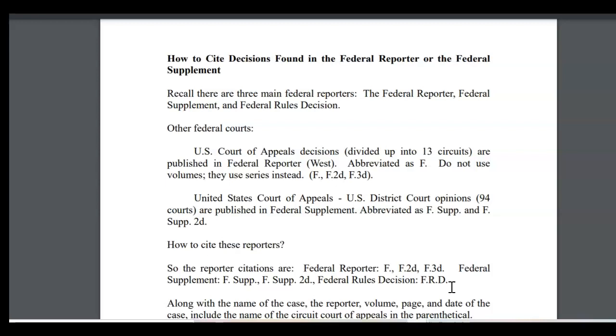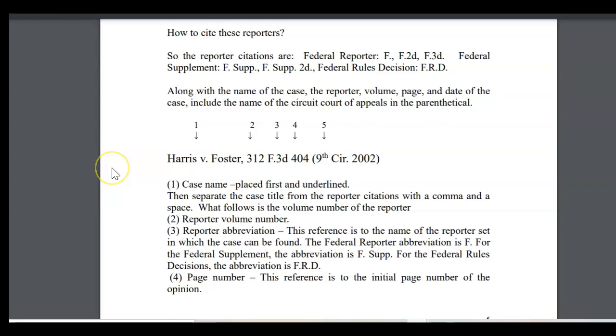Then you have to think about the common form of these citations. The core of a case citation consists of five elements when we're talking about these federal reporters. You have to know the name of the case. You have to remember the reporter abbreviations. You have to provide the volume number, the page number, and the date of the case.